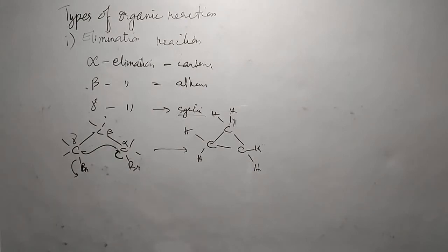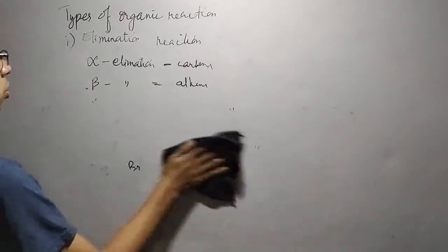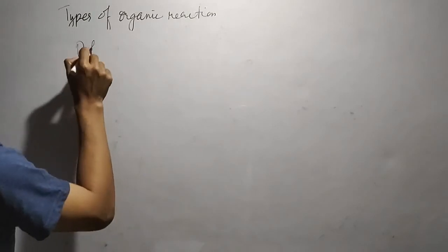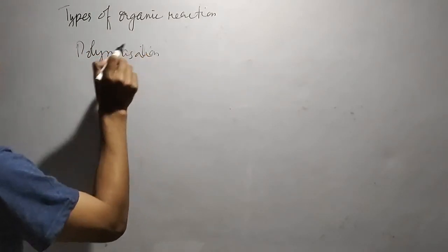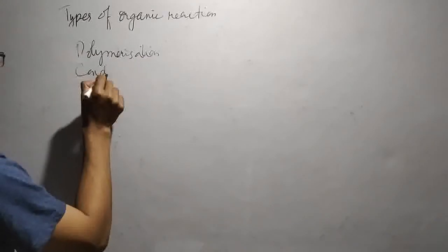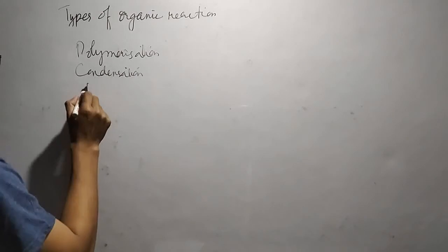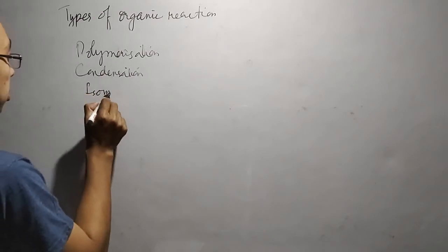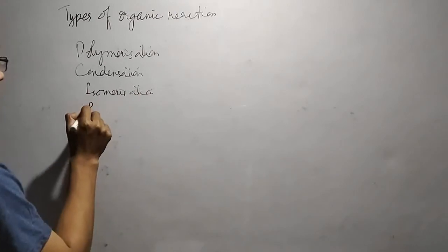Okay, now there are a few other reactions. So you find out about those things. Let me show you here. Polymerization, okay, you go through those topics. Condensation reaction, isomerization reaction, and rearrangement.